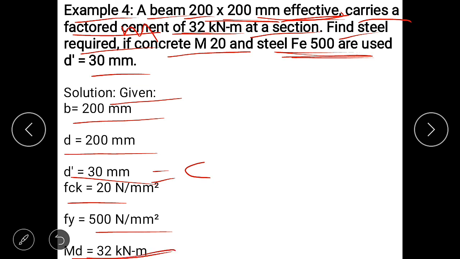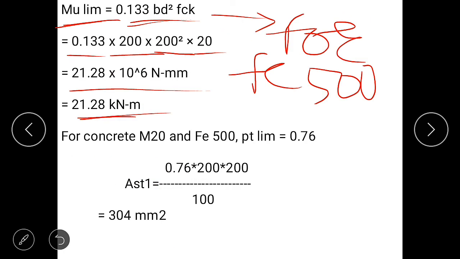Mu is given, Mu limiting is also given. So here we have to calculate Ast and Asc. For concrete grade M20 and steel grade 500, the percentage is given in IS 456-2000, the percentage is 0.76. So how to calculate Ast1?